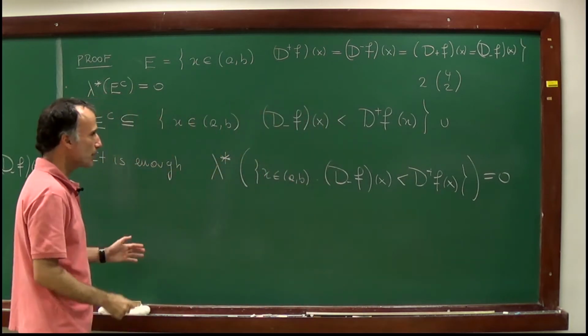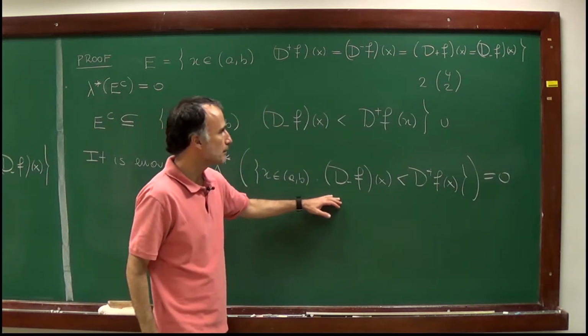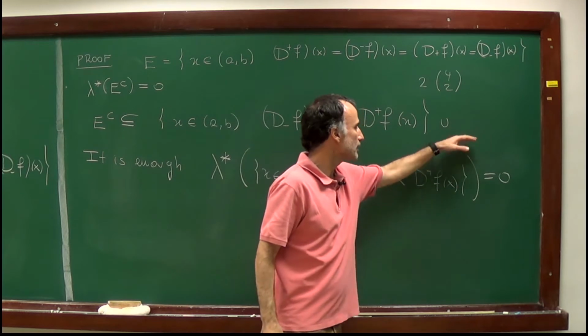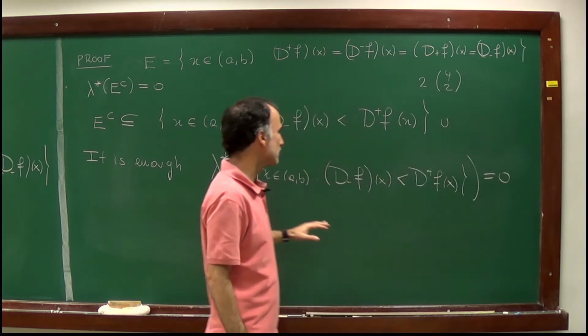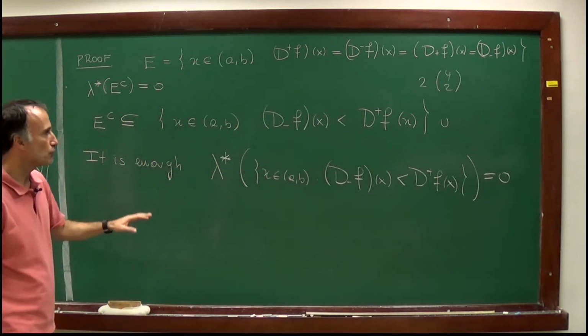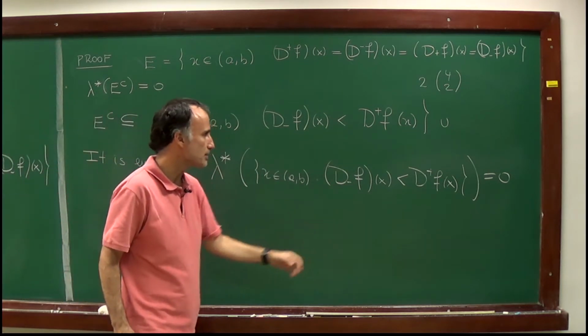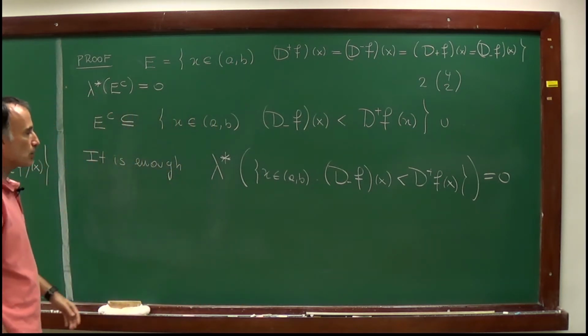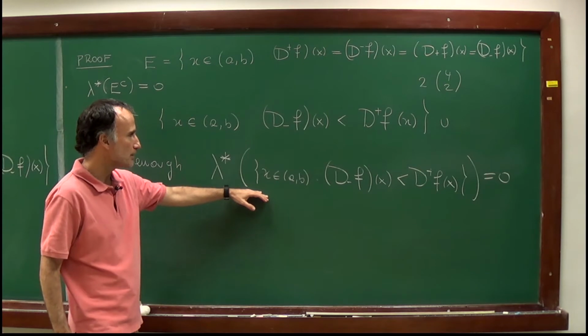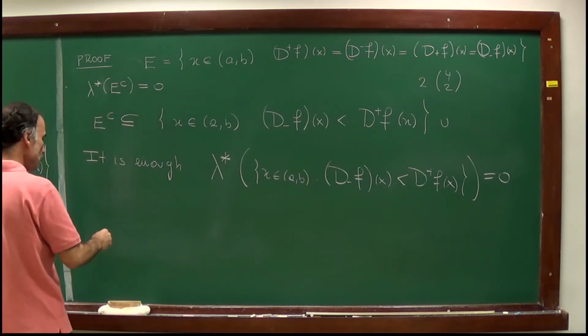Okay, and the proof I will give for that set works exactly in the same way for the other sets. So what we need to prove is that this set has measure 0. And now how to prove that this set has outer measure 0?